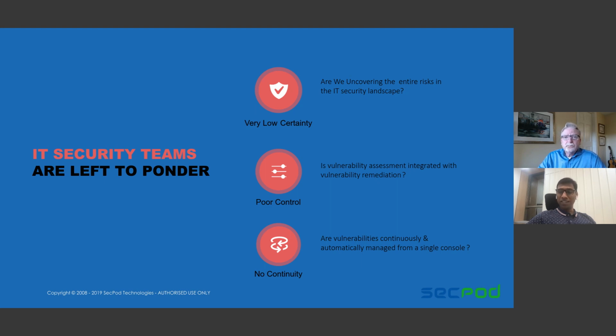So people do not have visibility to all the problems in the enterprise computing environment. There are three questions that we are asking from SecPod. One is, are we uncovering the entire risks, or loopholes, that the IT landscape has? That is question number one.